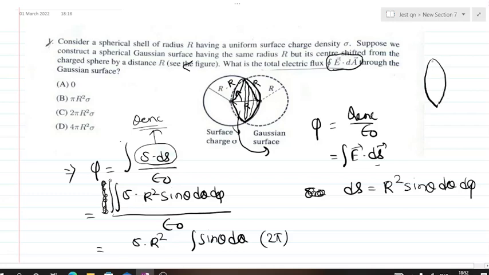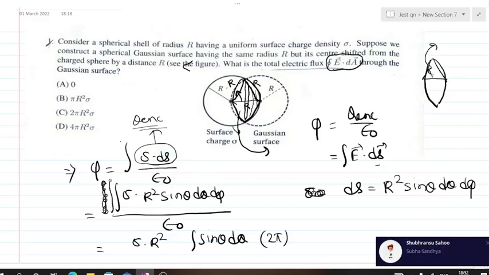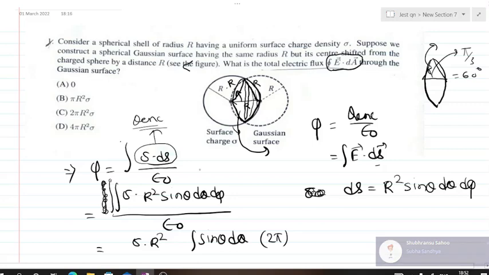See, this is r, r, r. This makes an equilateral triangle, and the angle of an equilateral triangle is pi by 3, that is 60 degrees. So theta goes from 0 to pi by 3.